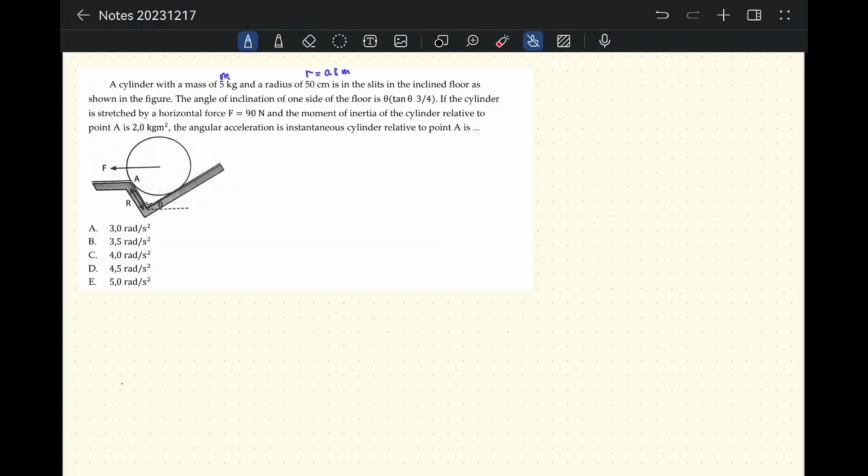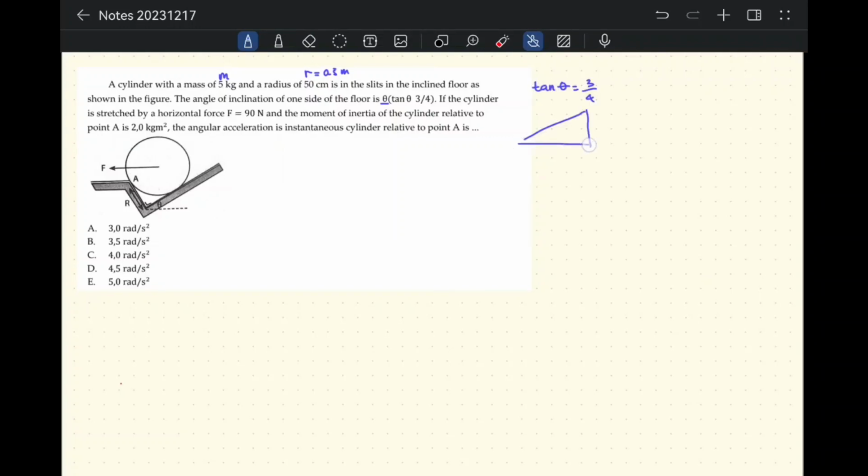In the slits in the inclined floor as shown in the figure, the angle of inclination of one side of the floor is theta, which is tan theta equals 3 out of 4. That we have a triangle with angle theta, the opposite is 3, the adjacent 4, and of course the hypotenuse is 5.